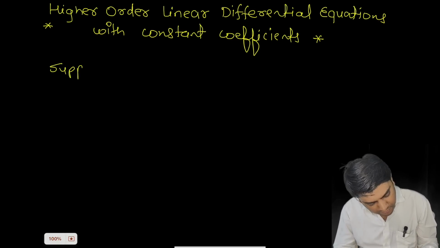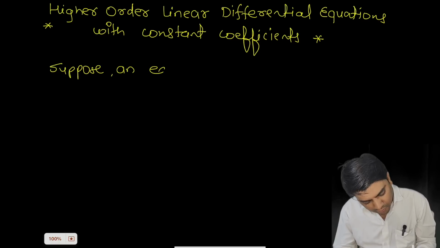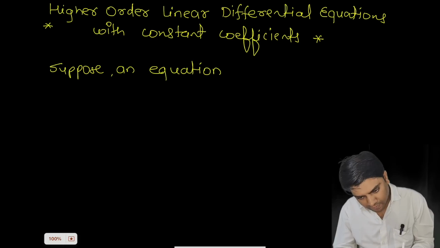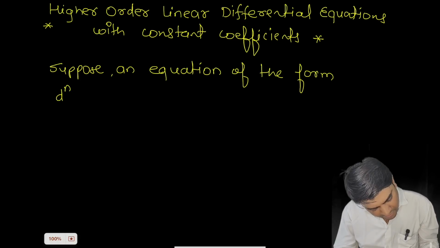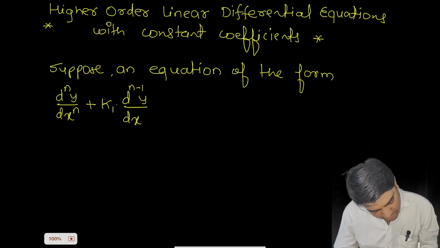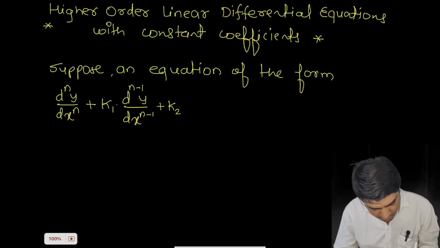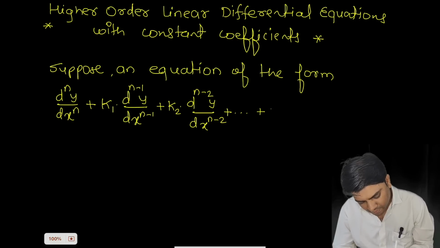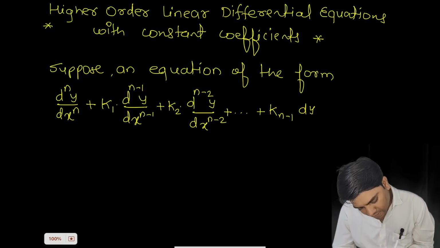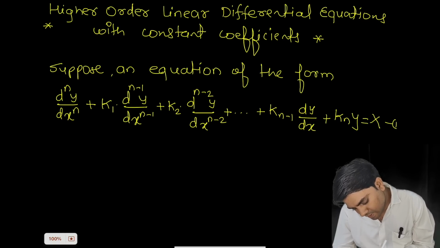Suppose an equation of the form d raised to n y upon dx raised to n plus k1 into d raised to n minus 1 y upon dx raised to n minus 1 plus k2 into d raised to n minus 2 y upon dx raised to n minus 2 and so on, plus k n minus 1 dy by dx plus kn into y, which is equal to X. Let's call it equation number 1.